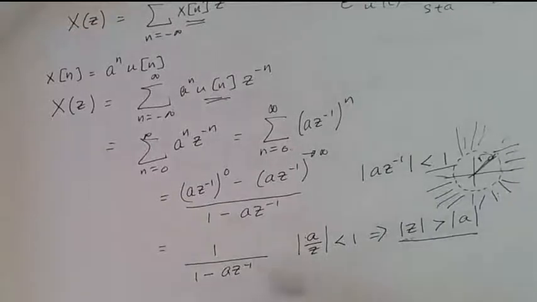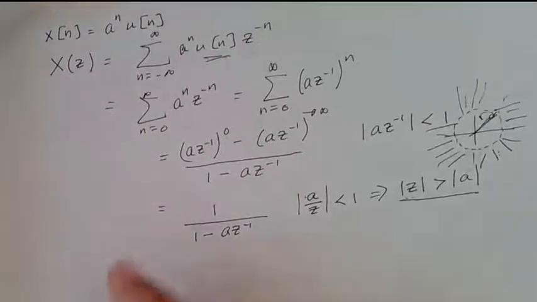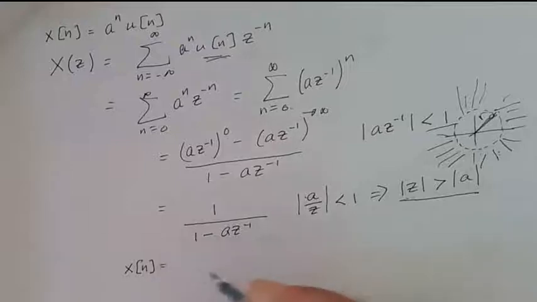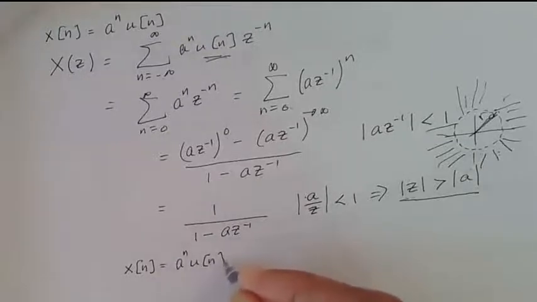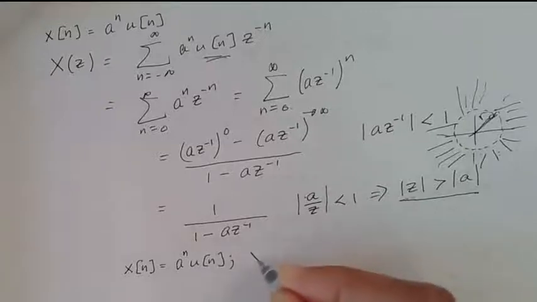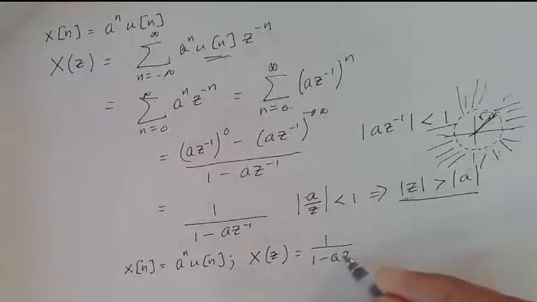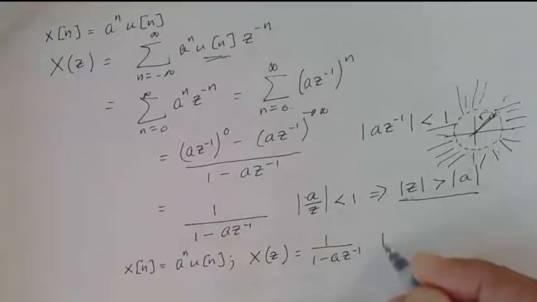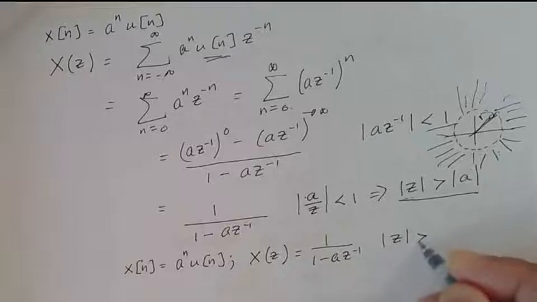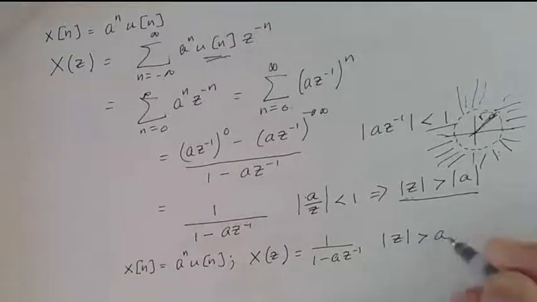So here's my first pair. If I have x of n equal to a to the n u of n, then x of z is equal to 1 over 1 minus a z to the minus 1 for magnitude of z greater than magnitude of a.